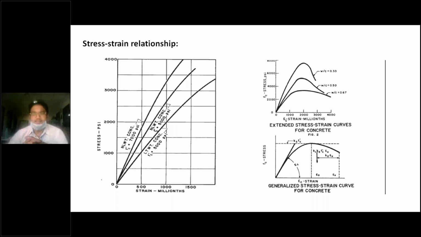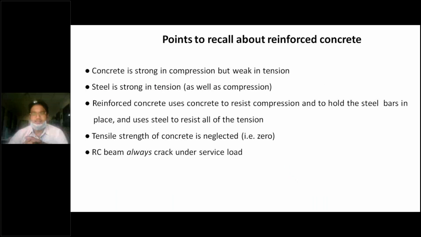In the same way, we will look at how the stress-strain relationships are for different grades of concrete and different brittle materials available, right? And the next point, which is very important to recall about reinforced concrete: as we know, concrete is very strong in compression and a bit weak in tension, while steel is strong in tension as well as compression.